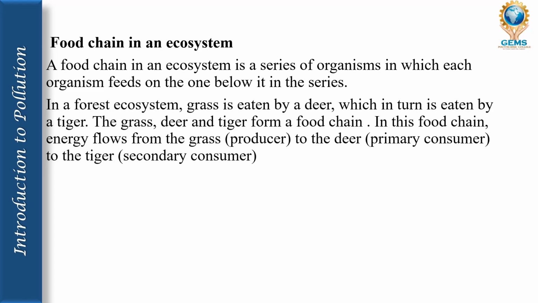So in a forest ecosystem, grass is eaten by a deer, which in turn is eaten by a tiger. The grass, deer and tiger form the food chain.